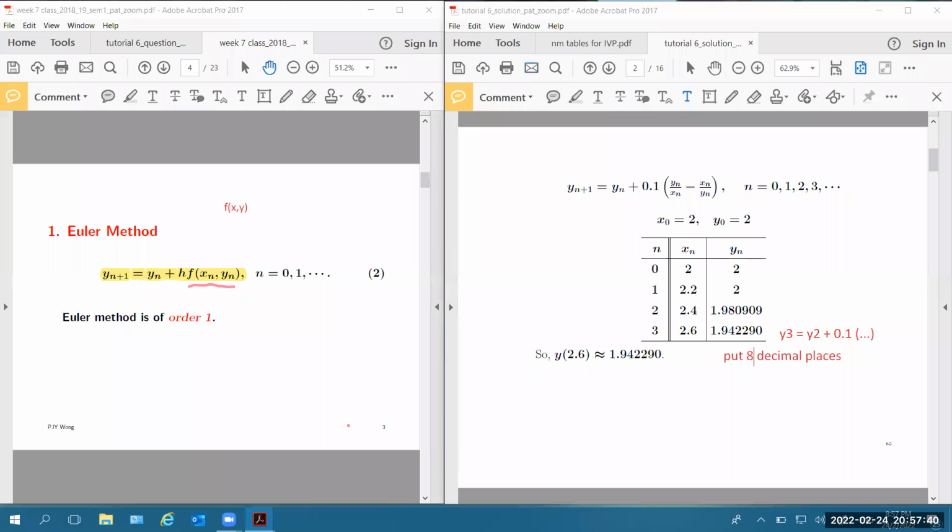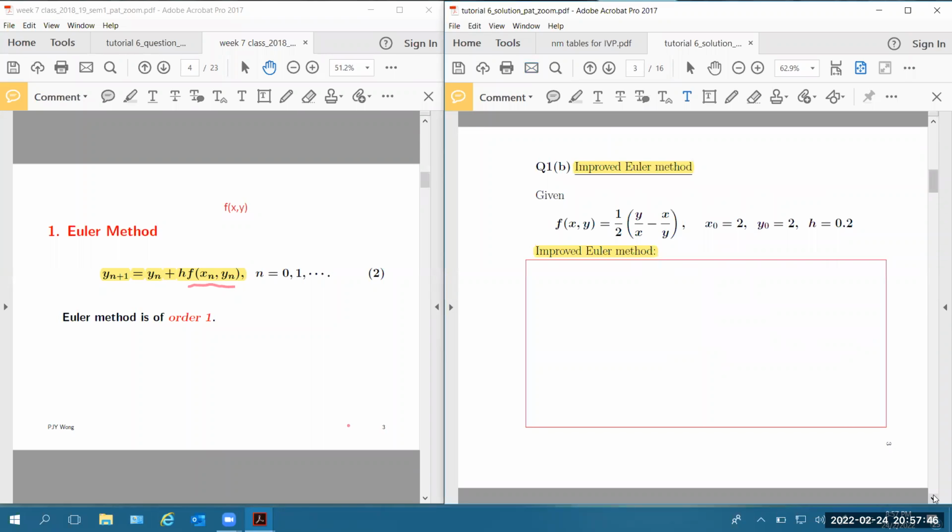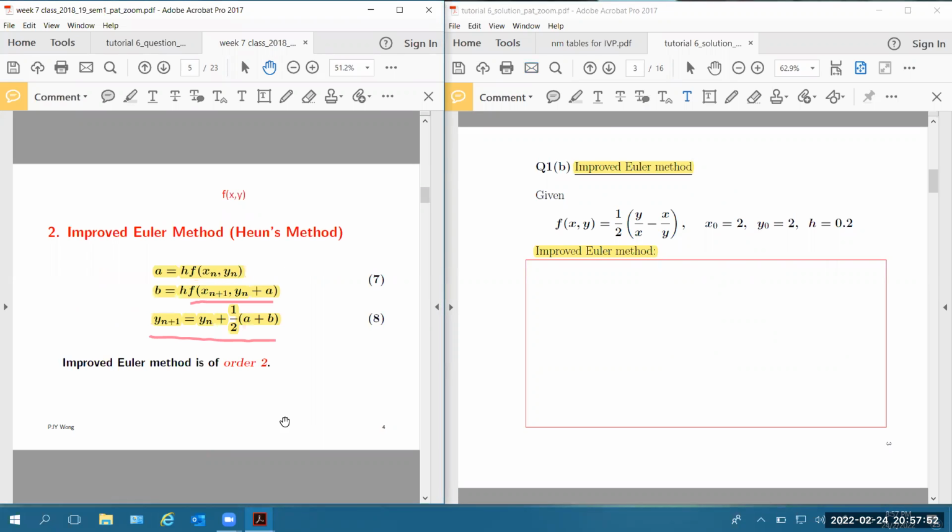Okay, now. All right. Okay, then we do the next question. Actually, it's the same question, just that we use a different method. So this one is the improved Euler method. Okay, formula here. Right, so same problem, same function f(x,y), x0, y0, all the same, just that we change the method.